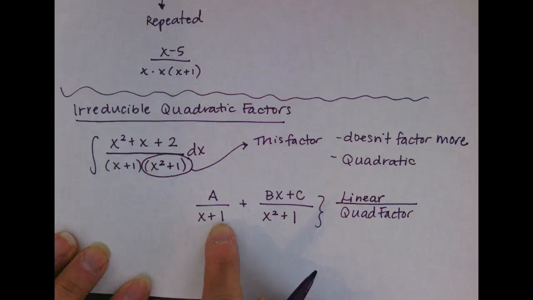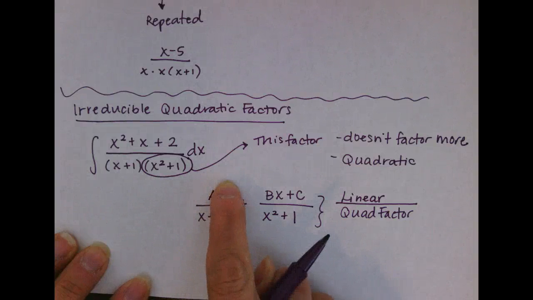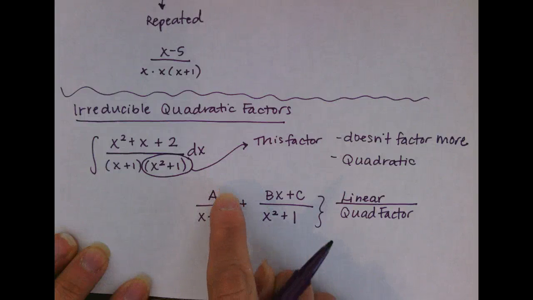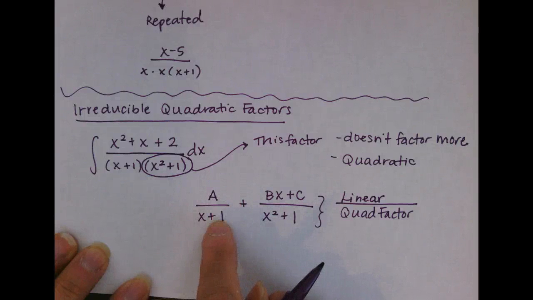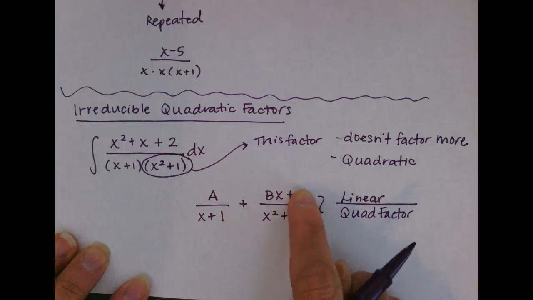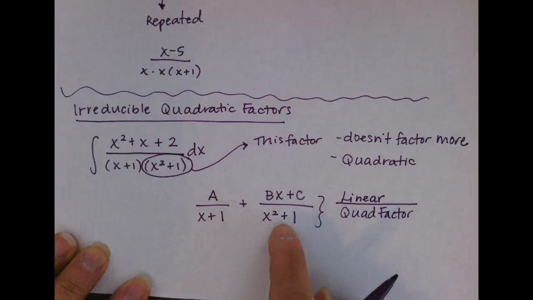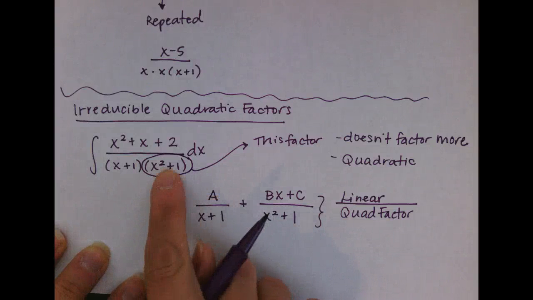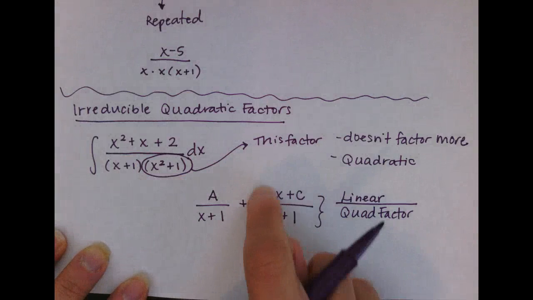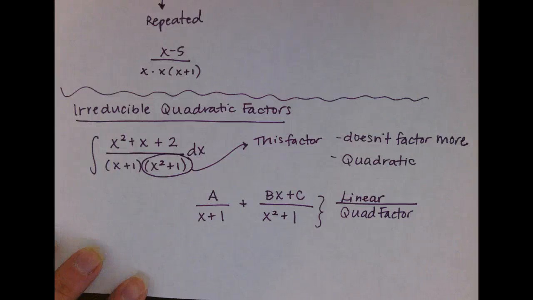So basically your denominator has one more degree than your numerator. Numerator is constant, denominator is linear. Numerator is linear, denominator is quadratic. So if you have a quadratic factor, you just need to make sure that its numerator is represented by something linear.